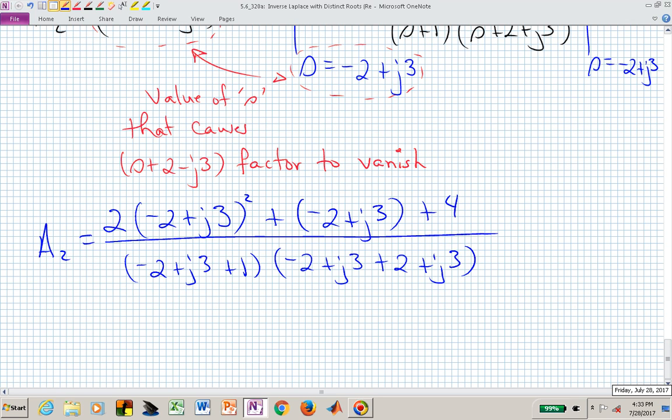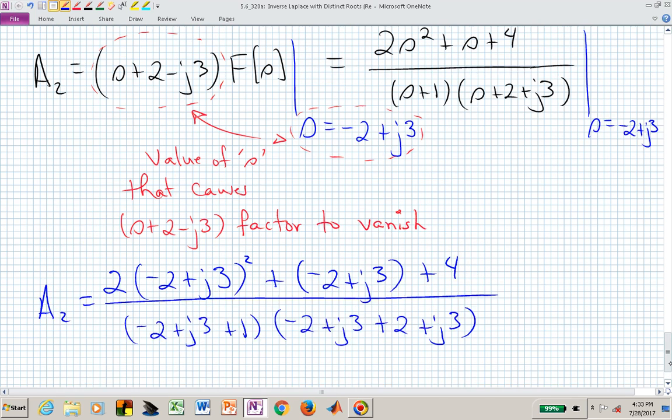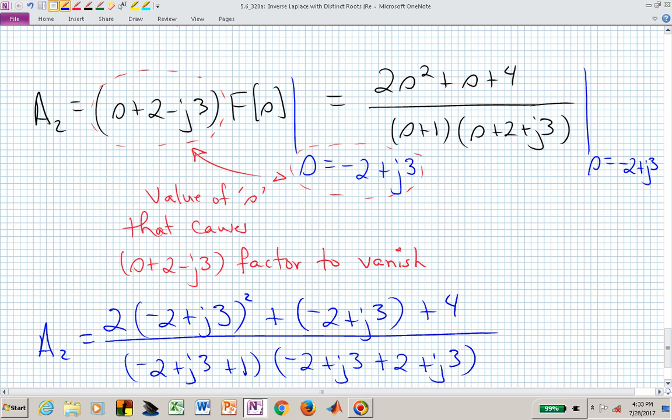We better not get a 0 in the denominator, because these values of s are distinct, and we've canceled that particular factor in the denominator associated with the value of s that causes that factor to vanish.